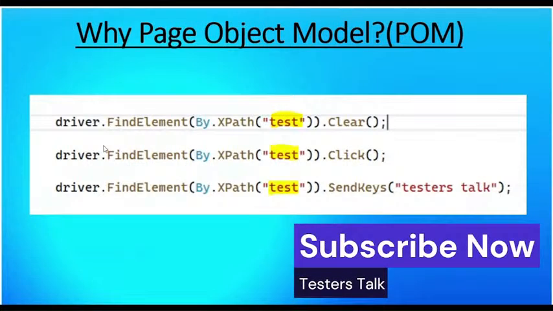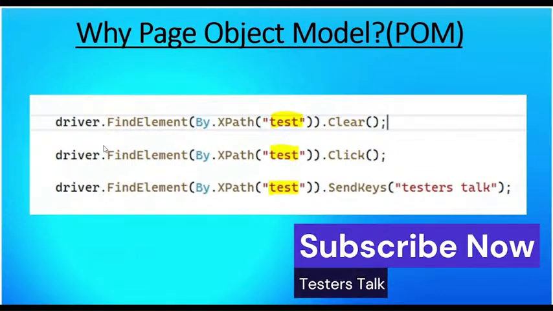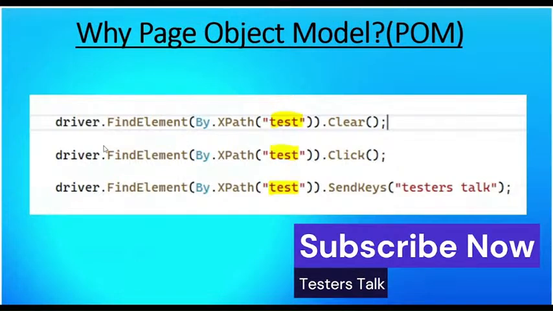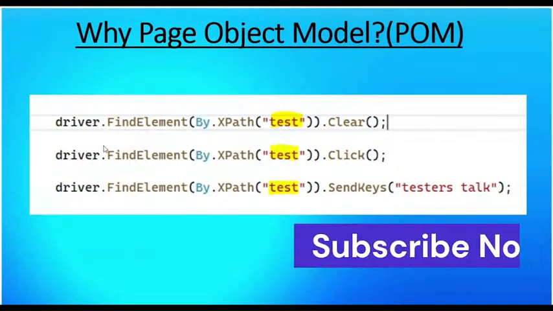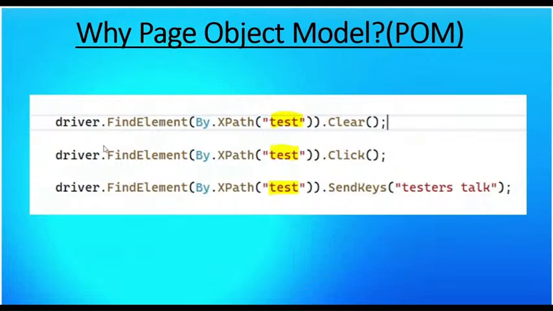In that case, you will execute the test suite and you will get to know that a lot of automation scripts got failed because of the no such element exception. There might be a reason: the developer might have changed the web page attributes and values for some XYZ reason. In that case, you might have implemented the 100 test scripts or step definition files by hard coding the locator value, right?